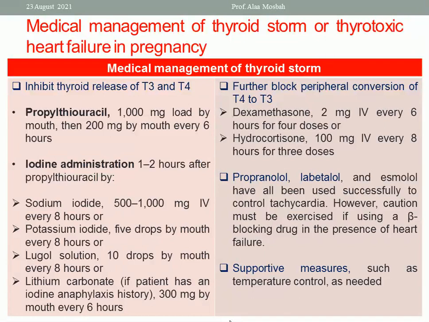Block the peripheral conversion of T4 to T3 by using dexamethasone 2 mg intravenous every 6 hours for 4 doses or hydrocortisone 100 mg intravenous every 8 hours for 3 doses. Control symptoms like tachycardia by giving propranolol, labetalol, and so on. Supportive measures to control temperature.